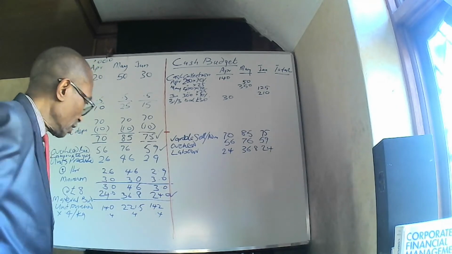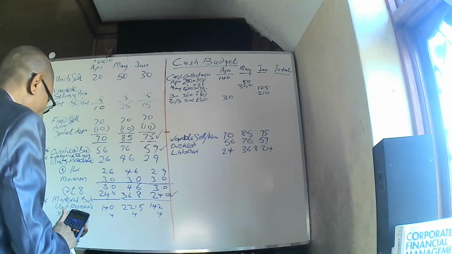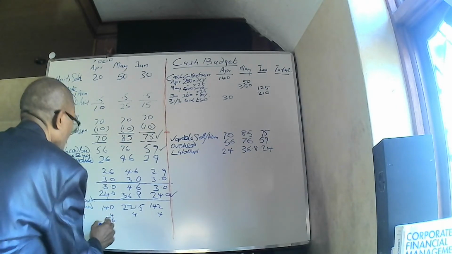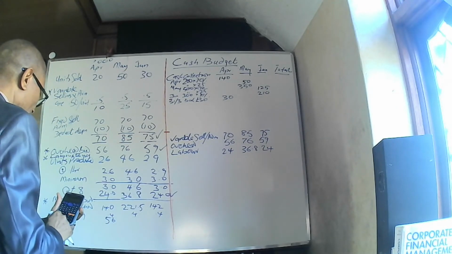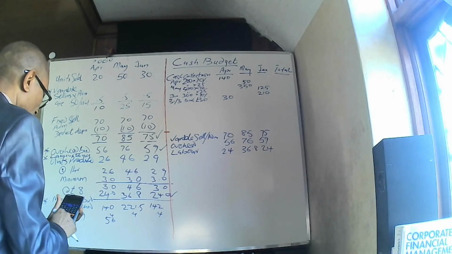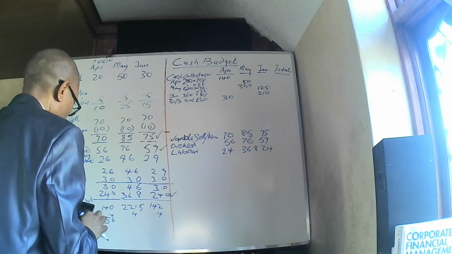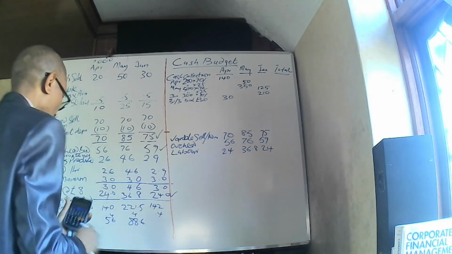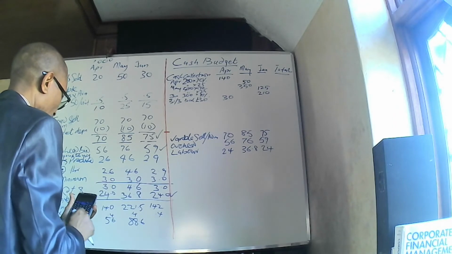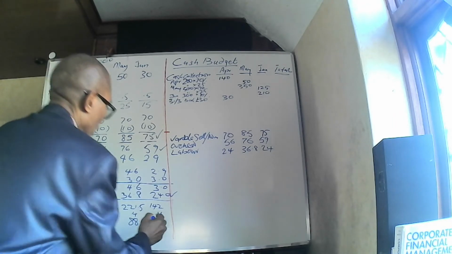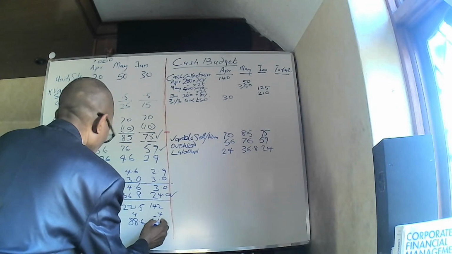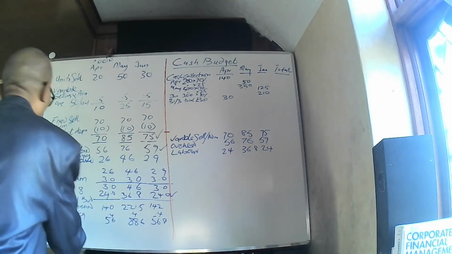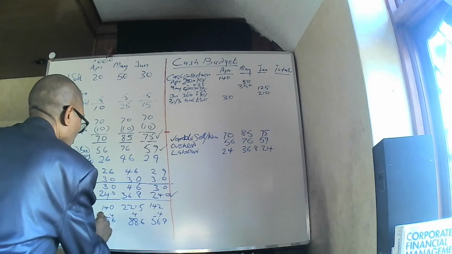So that will give us the budget of 140 times 0.4, 56 in April, 221.5 times 0.4, 88.6 in May, and 142 times 0.4, 56.8 in June. So this is our material purchase budget.